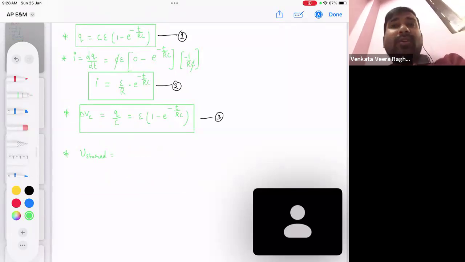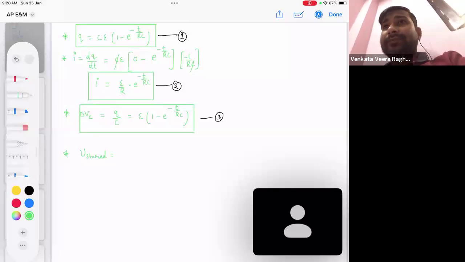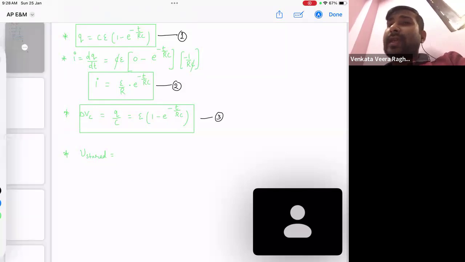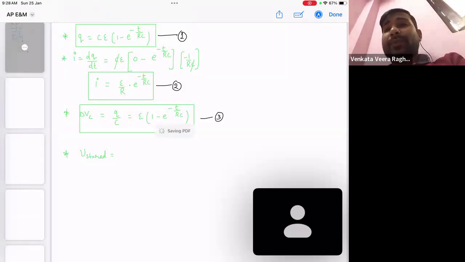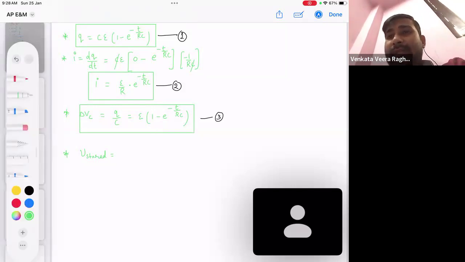Either we can use q square by 2C, or we can use half CV square. Out of these two, any one we can use, whichever you think is easy for you. So we can write q square by 2C. Again, energy also becomes a function of time.